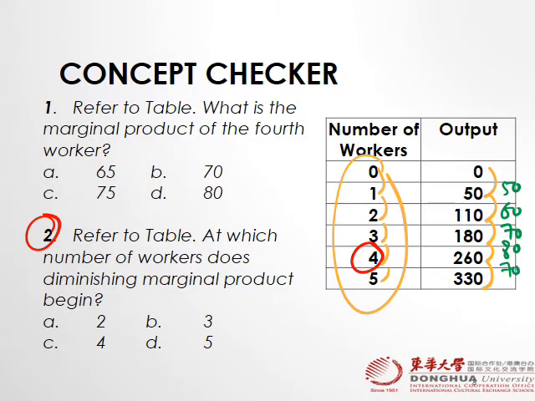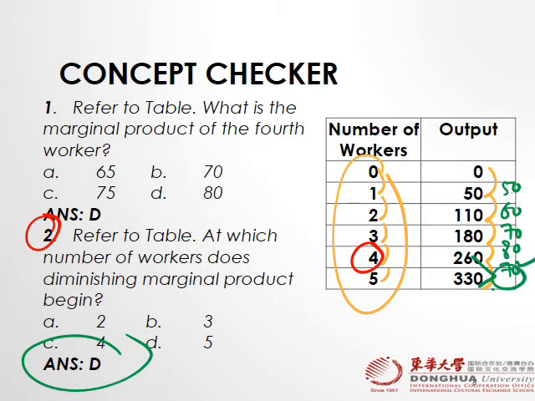Then we can say the answer would be D, the fifth one. When you added the fifth worker, it starts decreasing, right? 1, 2, 3, 4, 5, right?